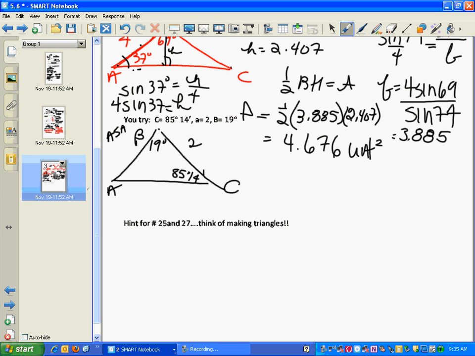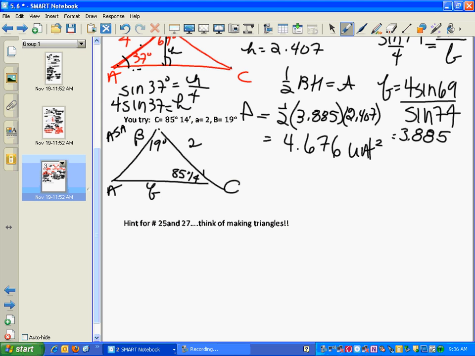Little b. Well, let's try a different method. Let's find little b. If we find little b, then what's the angle that's in the middle? 85.4 degrees and 14 minutes, right? Then we would have side, angle, side, and we can go back and use that one formula. Y'all following me? All right.